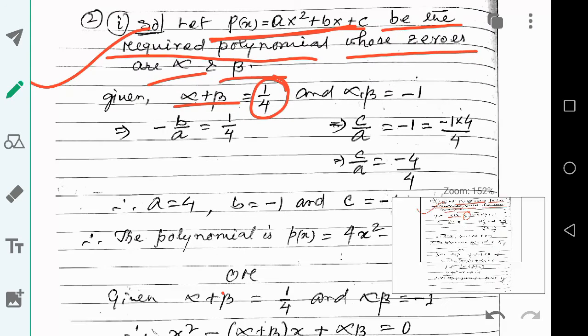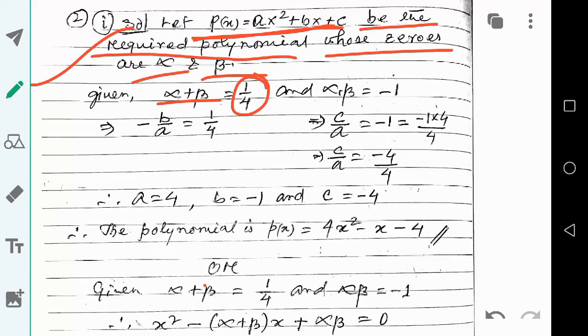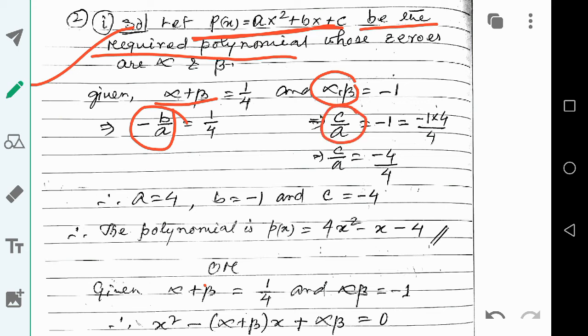I have not written the question, I think you have the book, so that's why I am not writing it here. And the product of the zeros, alpha into beta, is minus 1. Now you see, alpha plus beta, that is the sum of the zeros, is minus b by a, and the product of the zeros is c by a.